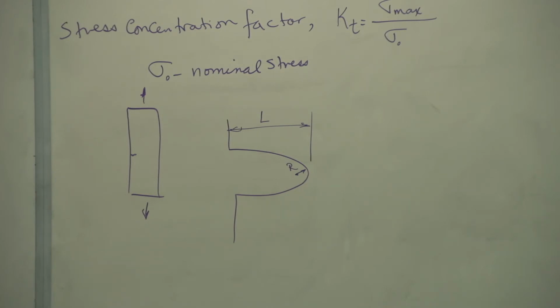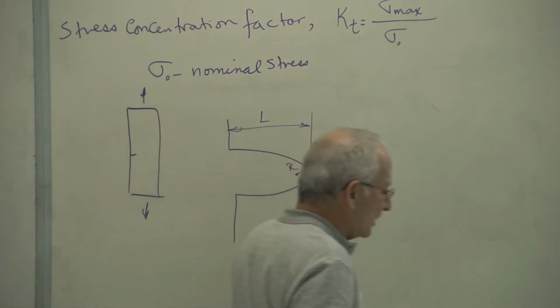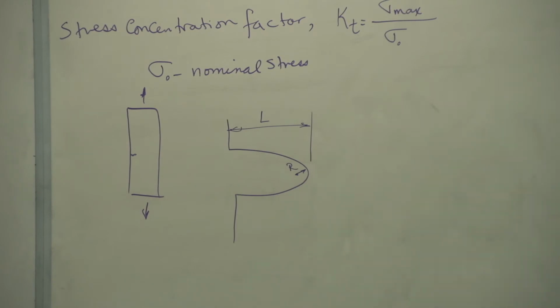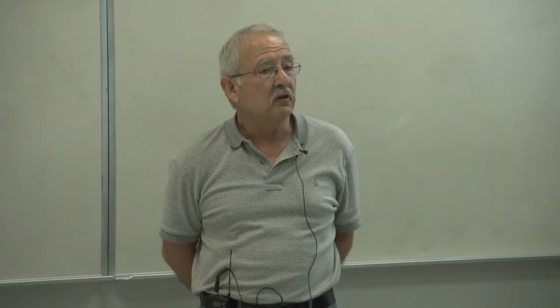So it's directly related, not necessarily proportional, to the length of the flaw, and inversely related to the radius of the flaw tip.